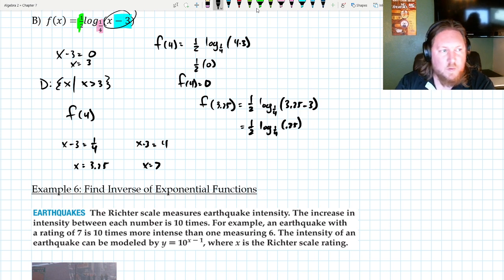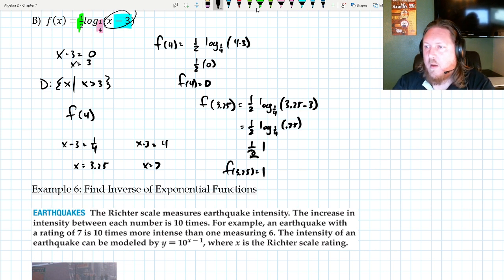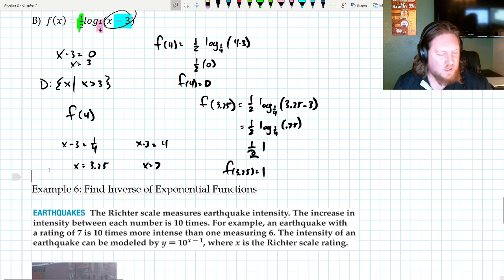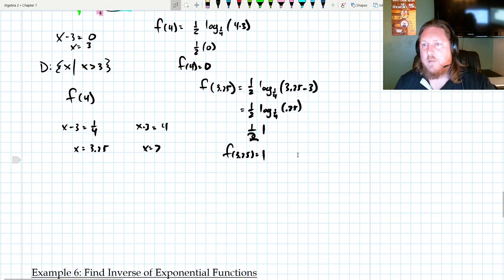Well, 0.25 and 1/4 are the same, so I just get 1 times 1 half. So f of 3.25 equals 1. And I'm going to have to get myself some more space here before I do example 6 so I can graph this out.